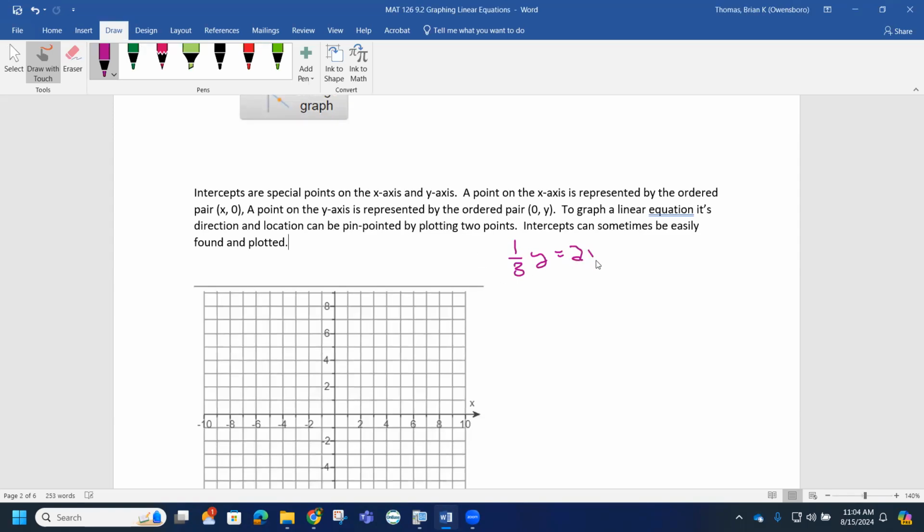They make this look a little weird. But again, we've been working on our ability to manipulate equations. So let's see if we can make this happen.